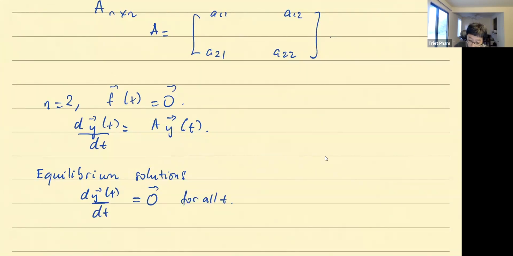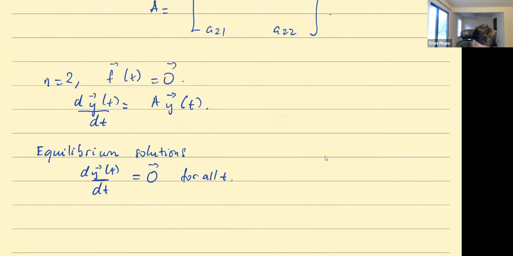Of course, what that means in this particular structure is that A times y is equal to zero. So the equilibrium solutions are the solutions to the system A times y is equal to zero.